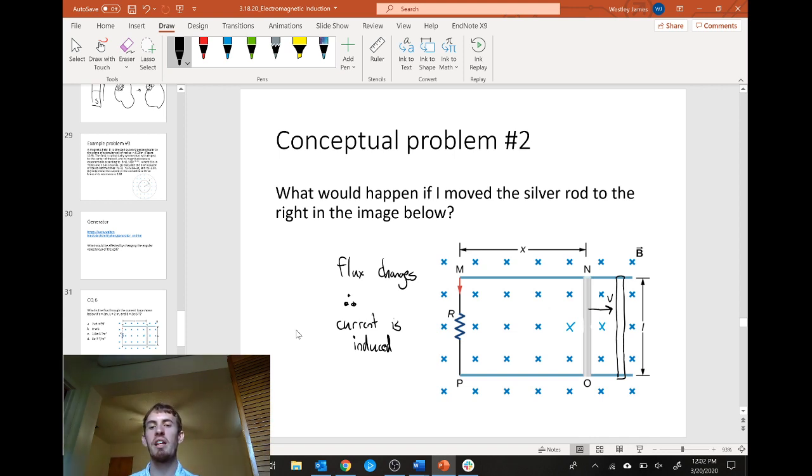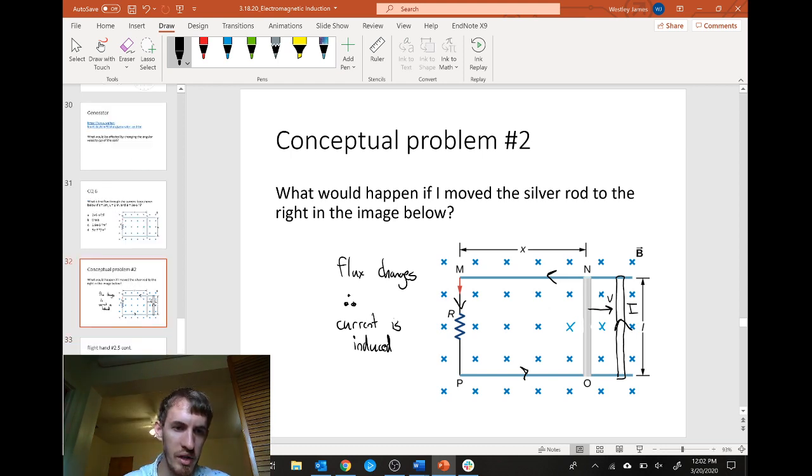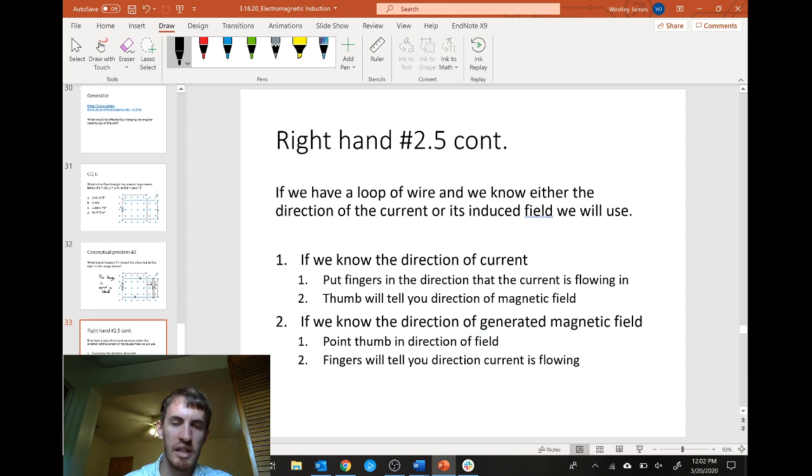It'll make an EMF which results in a current. That current makes a magnetic field which opposes it. So in this case, if it moved to the right, I would need to make a current which counteracted that. I'm getting more in, so I need to counteract that. My thumb goes out of the board and I get a current going counterclockwise to make that current that opposes it. Okay, here's again just more of that right-hand rule number 2.5.